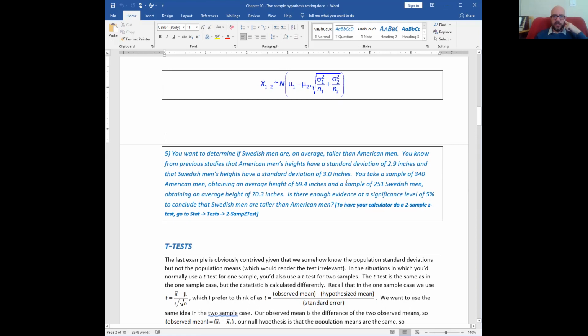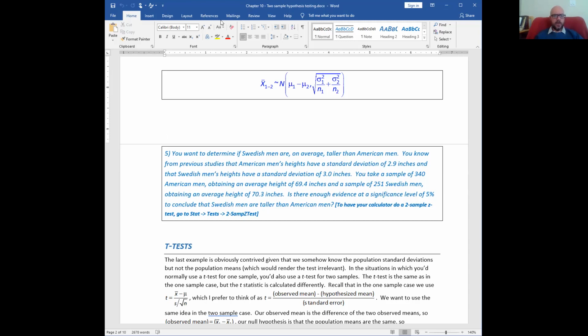Is this enough evidence at a significance level of 5% to conclude that Swedish men are taller than American men? We're going to do this two-sample z-test in just a second, but I'm going to draw out the whole sampling distribution and shade it all once, so you can see it all the way through, and then we'll just hit a couple buttons on the calculator to see how that goes.